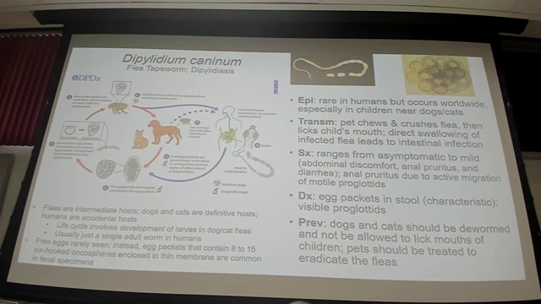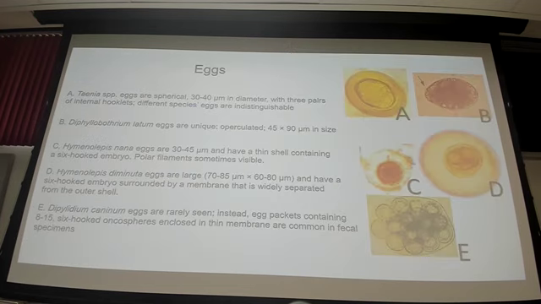Just a couple of overview slides here before we call it a day. We've got teeny eggs, indistinguishable in A. This could be solium, this could be saginata. Sizes are important. We have micrometers on our microscopes to measure these and know the characteristics. With B, hopefully you saw the operculum when we were talking about Diphyllobothrium latum.